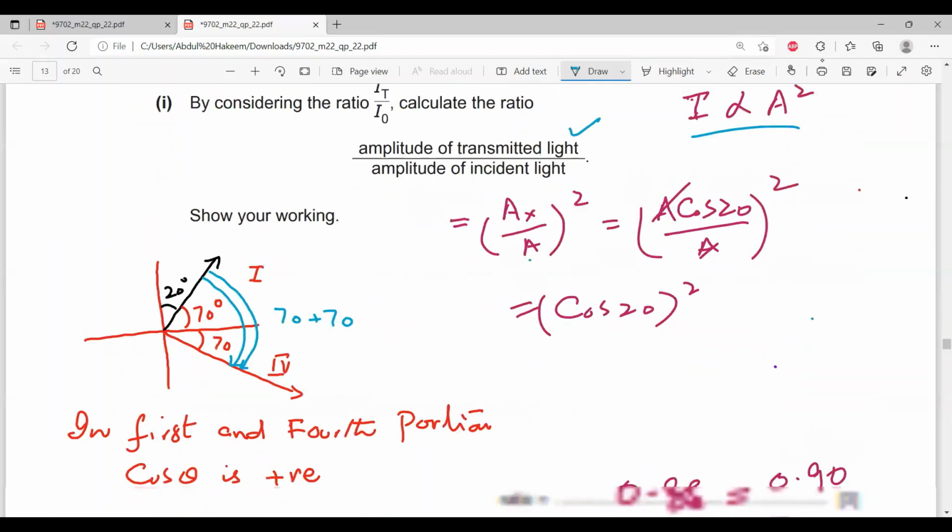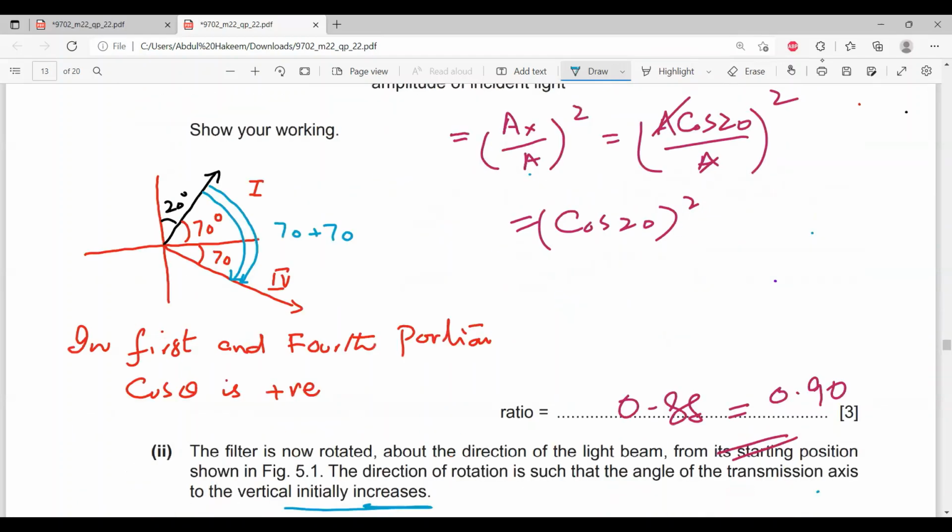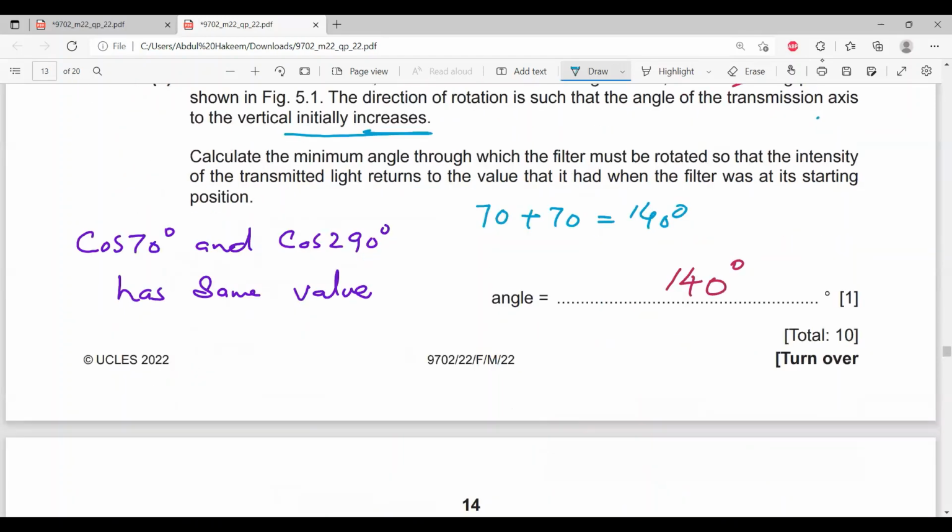So look at this. When the angle is 20 degrees, then from the horizontal axis, this angle is 70. Now in the first quadrant and the fourth quadrant of the graph, cos is positive. Here, first and fourth, the value of cos will remain positive. Now, from mathematics, it is very clear that cos 70 and cos 290 have the same value.